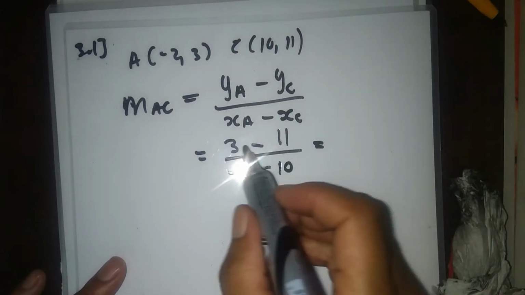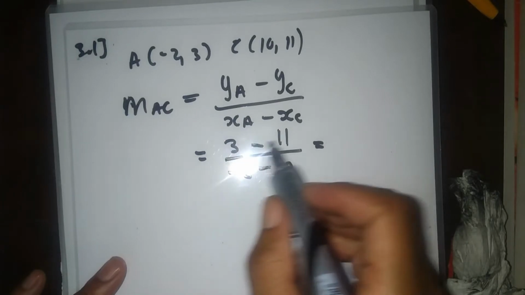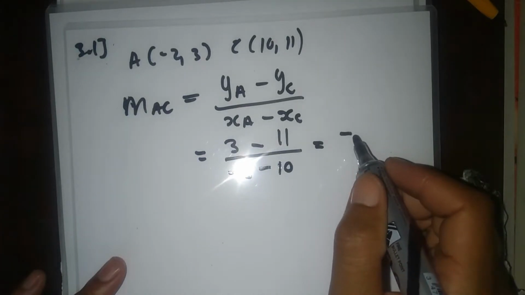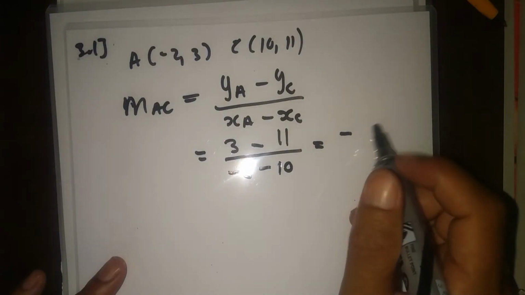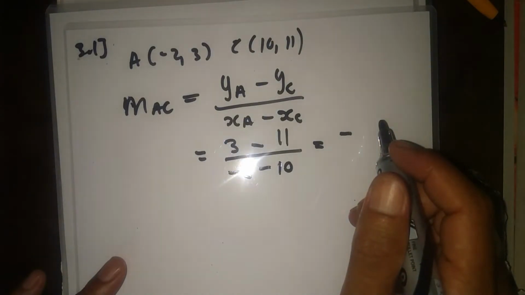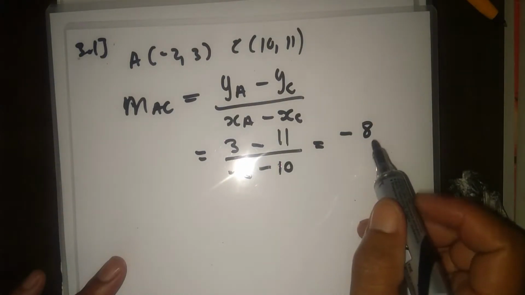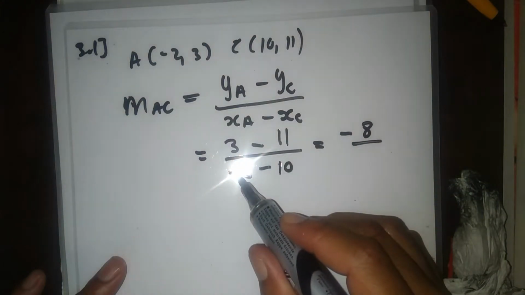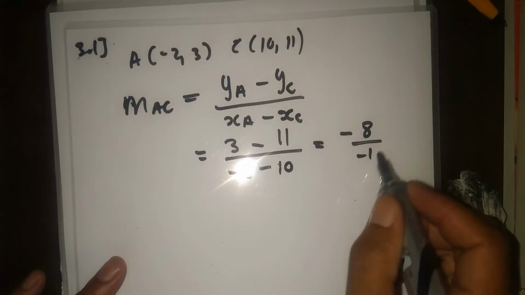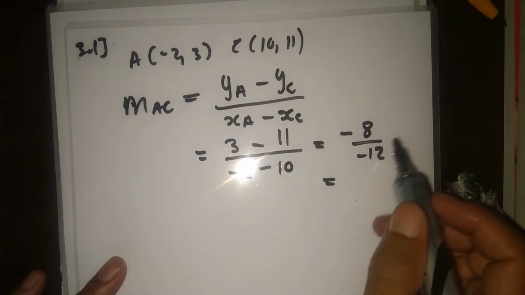So the answer is 3 minus 11, which is -8, over -2 minus 10, which is -12.